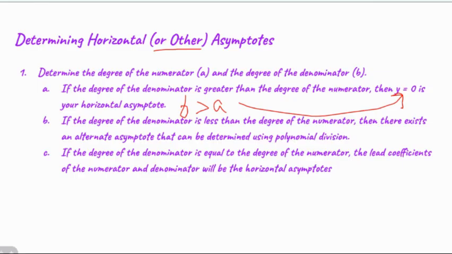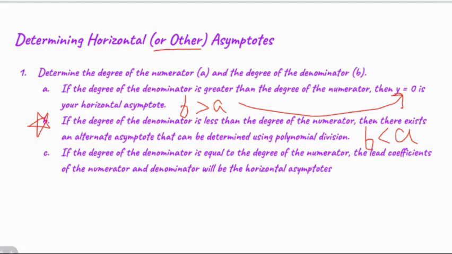Now, here's the one that we won't need to know so much today, but it's worth putting in for completeness sake. If the degree of the denominator is less than the degree of the numerator, so that would be b is less than a, then there exists an alternate asymptote that can be determined by using polynomial division. That would be your choice, whether it be synthetic or long. I've often found that in these cases, long division is probably best.